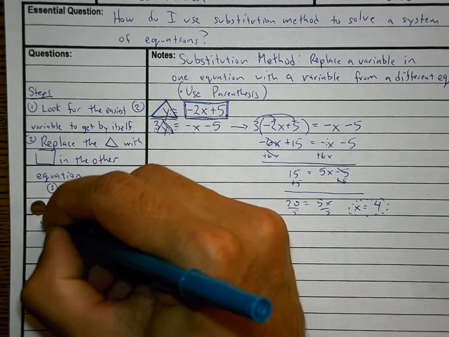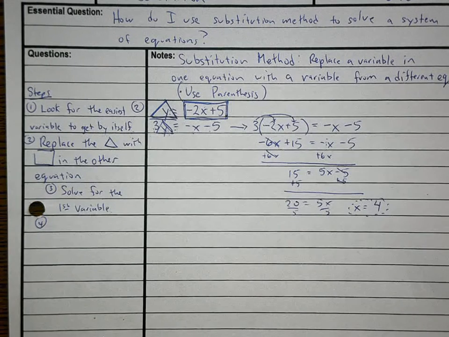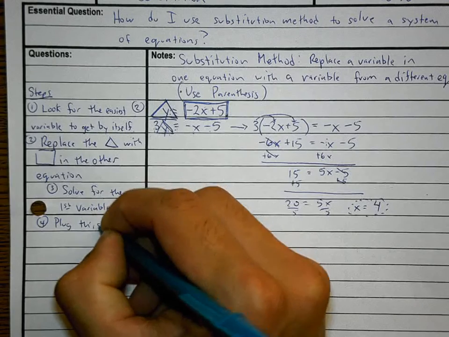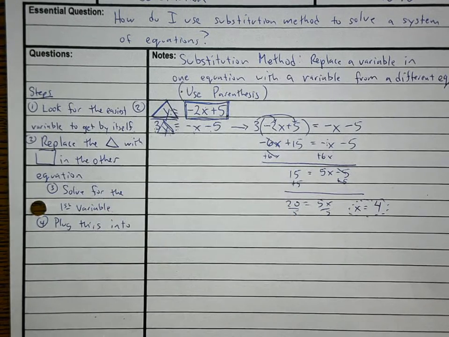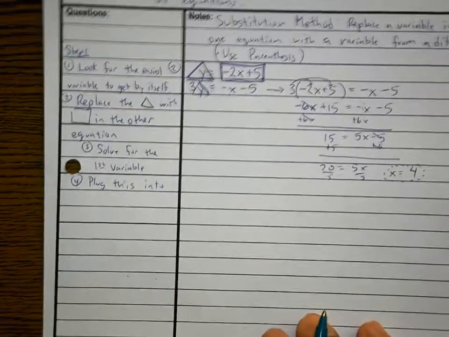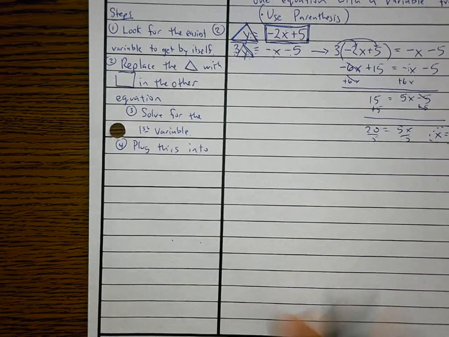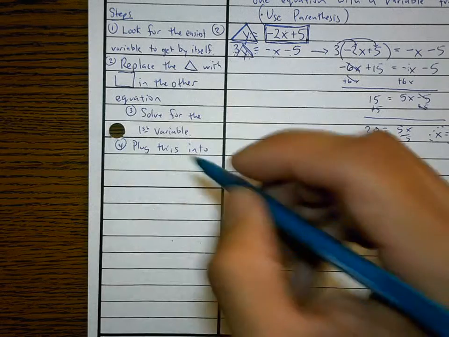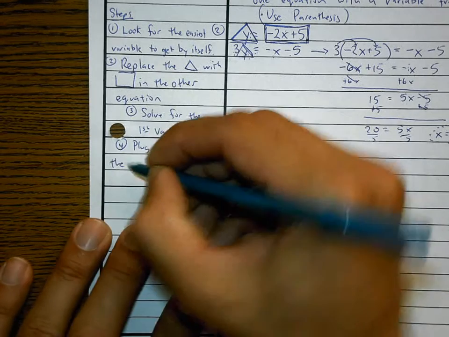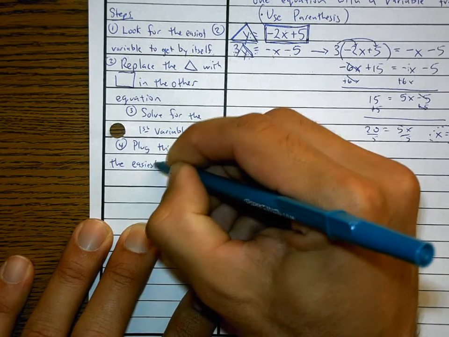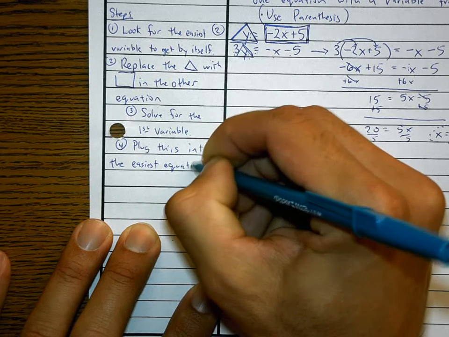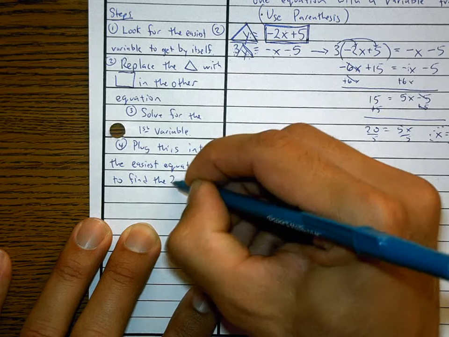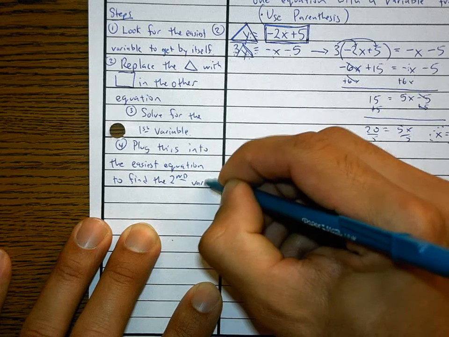Now what you have to do, step 4. Plug this into the easiest equation to find the second variable.